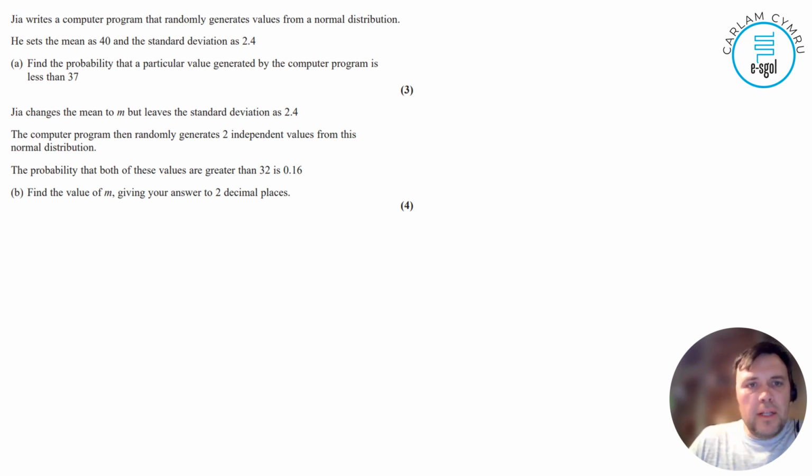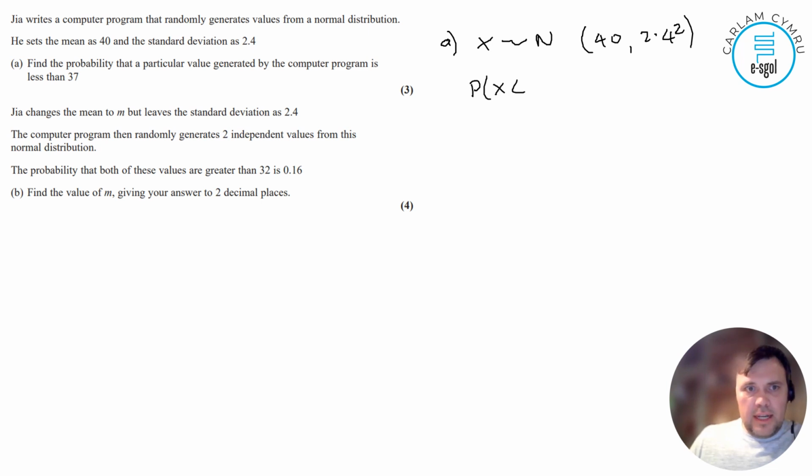Find the probability that a particular value generated by the computer program is less than 37. So for A, we will say that X belongs to a normal 40, 2.4 squared. Probability that X is less than 37, and that is 0.106.